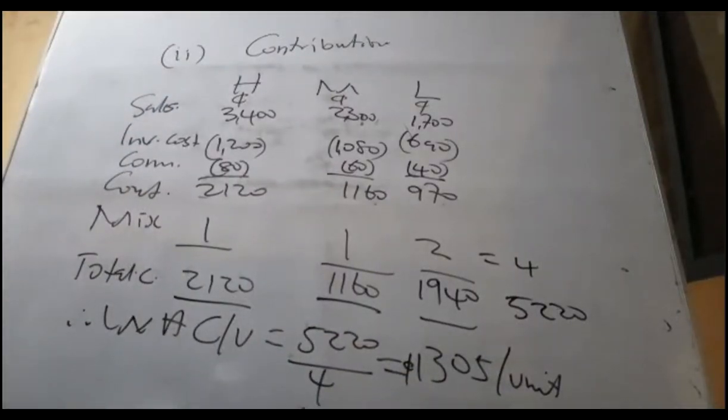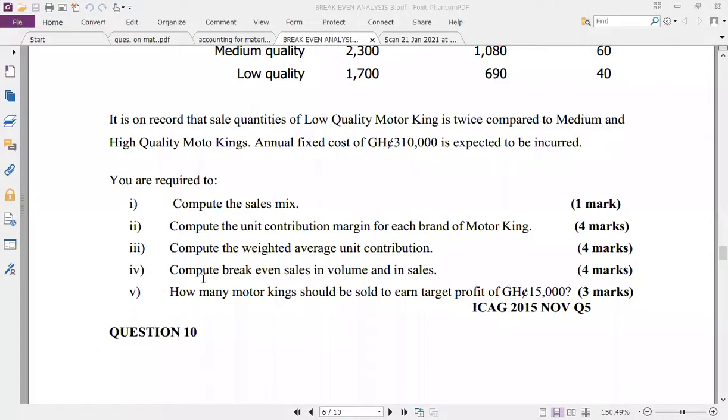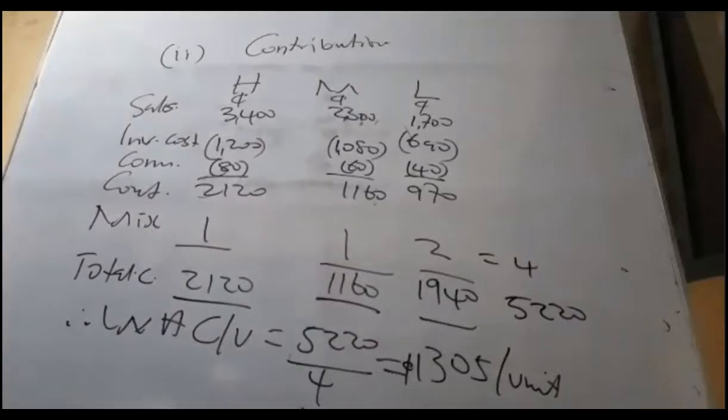Okay, then let's continue with the requirement. Compute the break-even sales in volume and in sales. Volume means units. Sales means value. They want the sales value, in revenue. Sales revenue. So that is it. So now we have the weighted average contribution per unit.